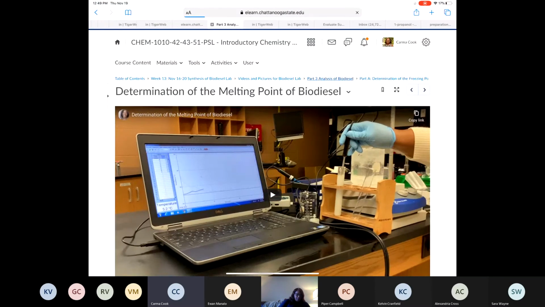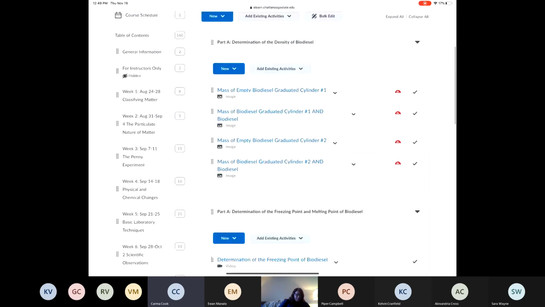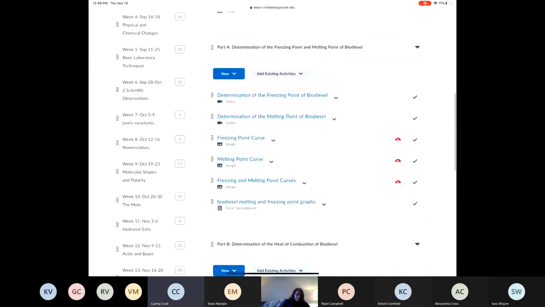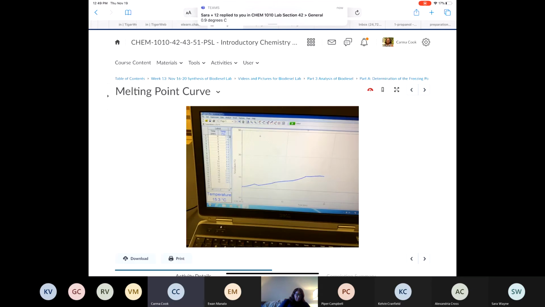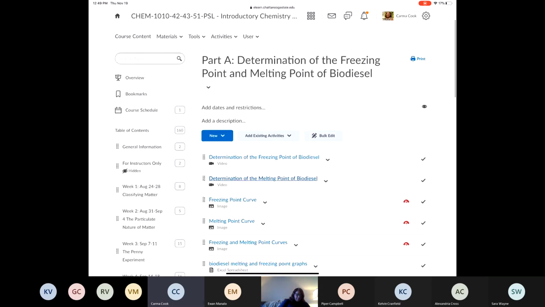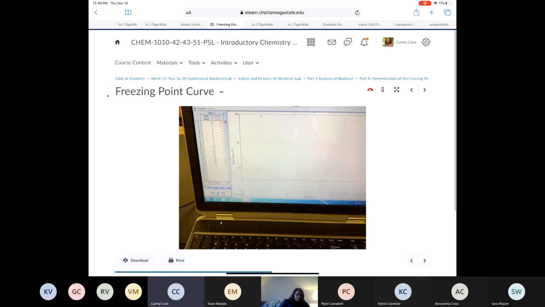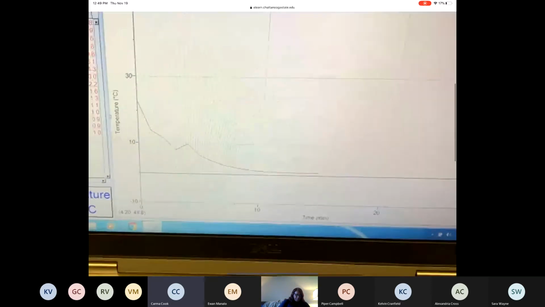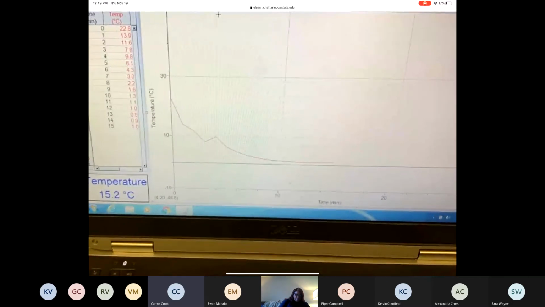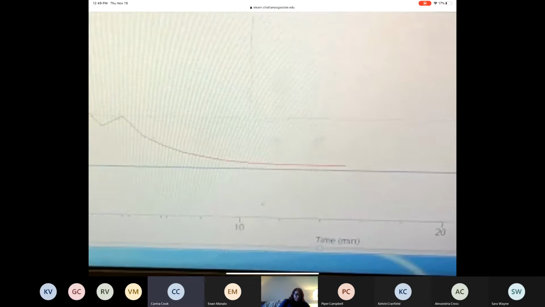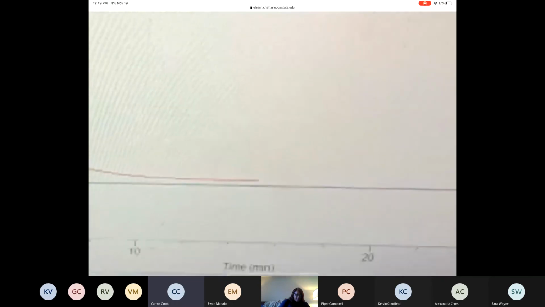Let's just take a look at our curves here, our graphs. Take a look at the freezing point one first. And so see where the curve starts to flatten out here?